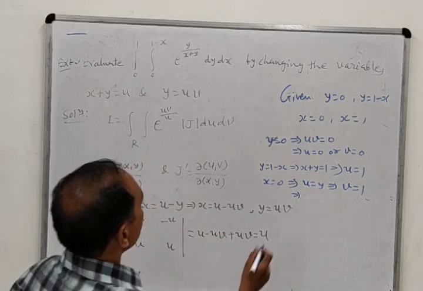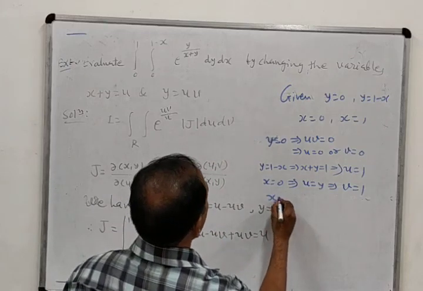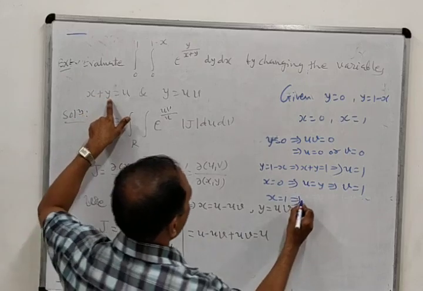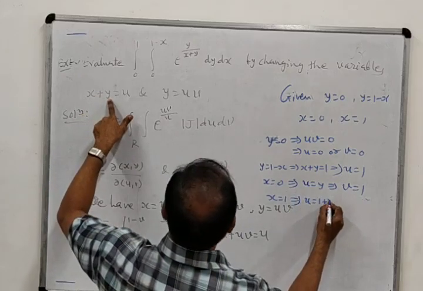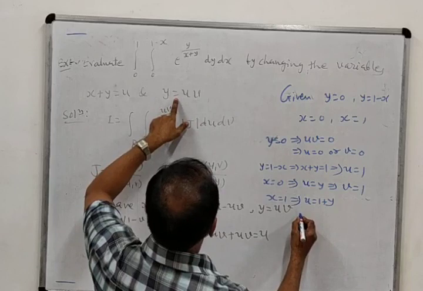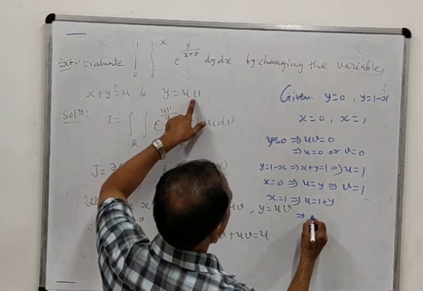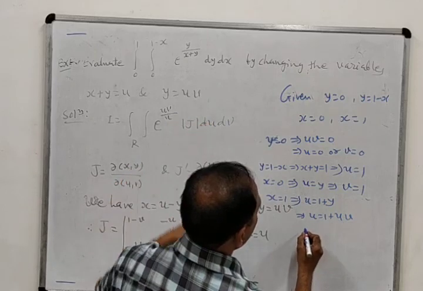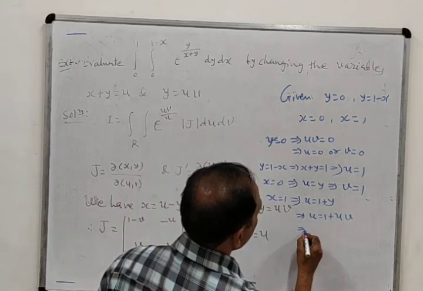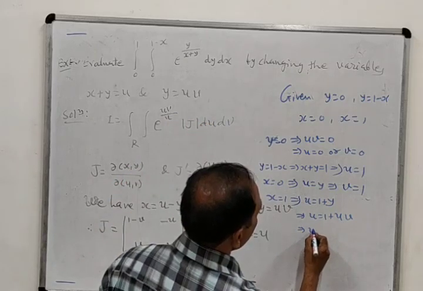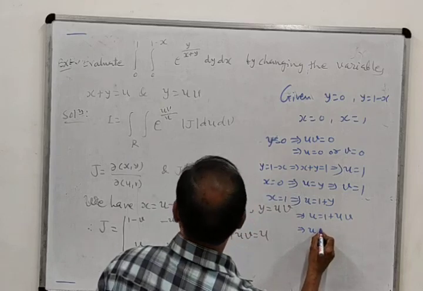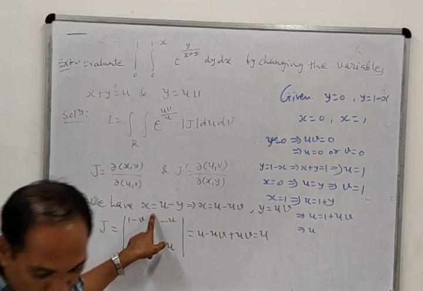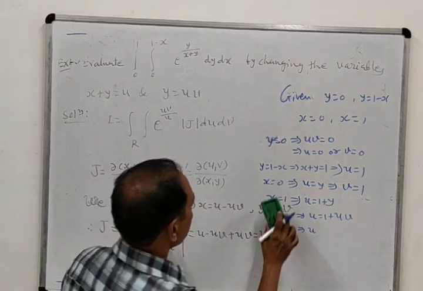Similarly here, when x equal to 1, if we put x equal to 1 here, then we will have u equal to 1 plus y. But y is uv, so u equal to 1 plus uv. Otherwise, you can also put it directly wherever it is convenient for you.